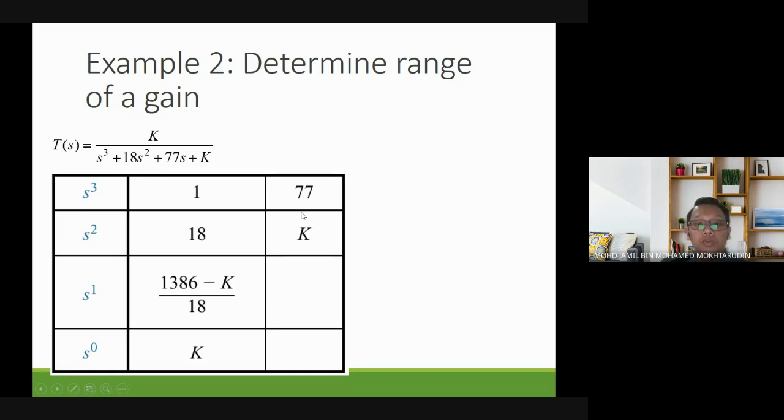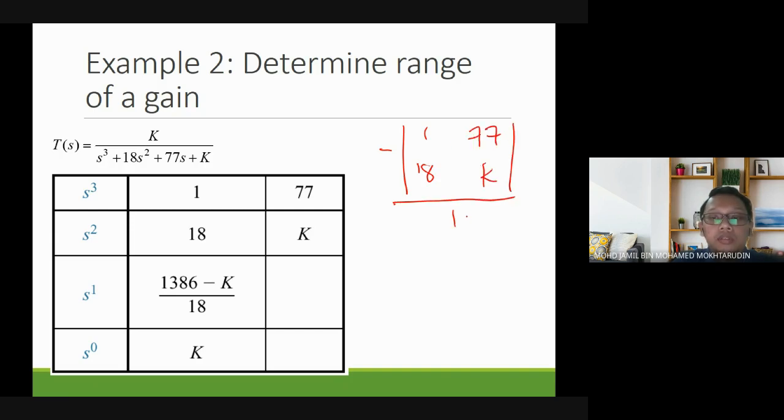Then fill the two top rows: 1, 18, 77, and K. Then determine row S1 using the determinant formula. The determinant is negative of 1, 18, 77, K, divided by 18.